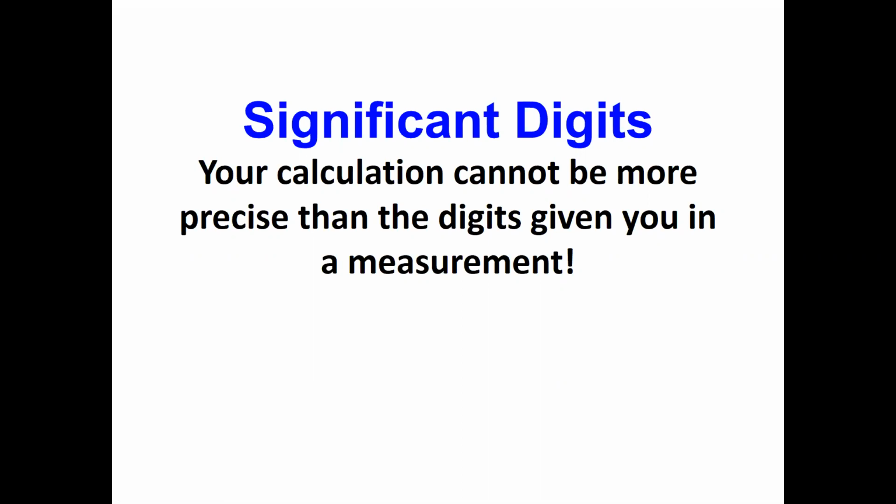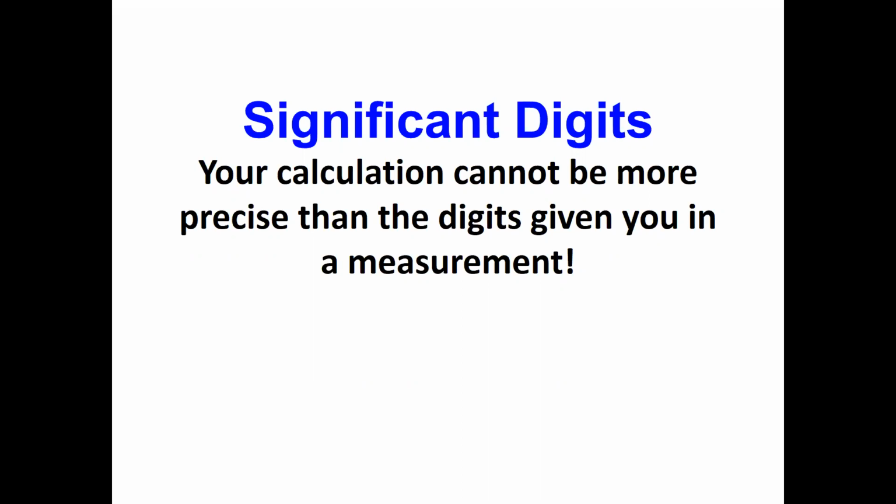Significant figures or Sig Figs apply in science classes because our numbers mean something. Like in math, you're dealing with numbers, but it's not a measurement. In science, it's a measurement with a unit. So your calculations cannot be more precise than the digits given you in a measurement.